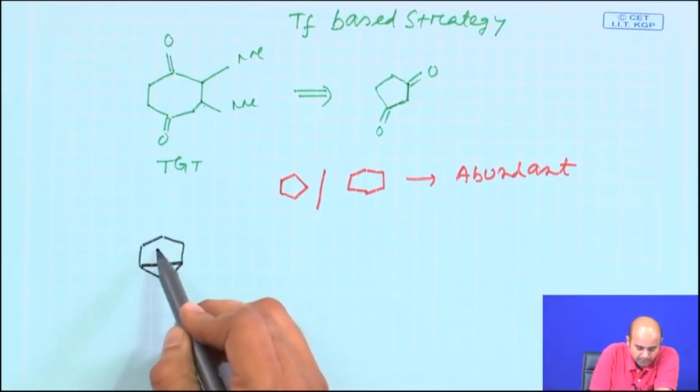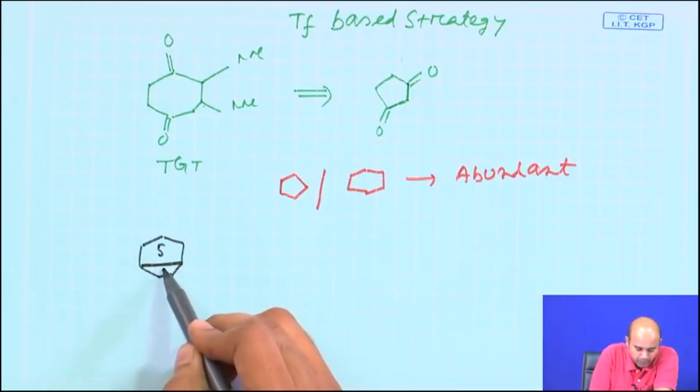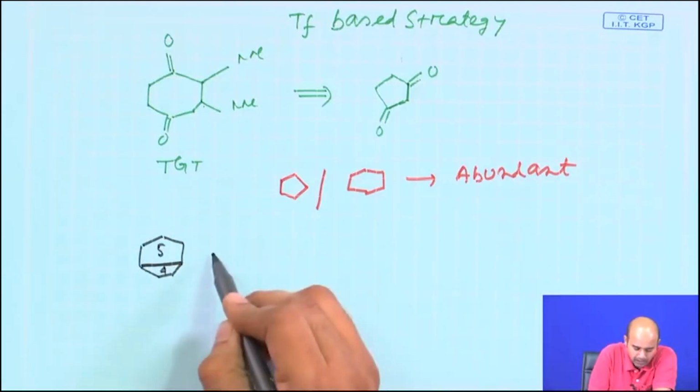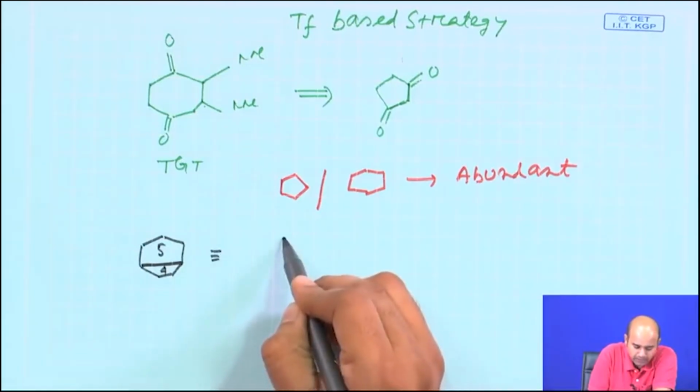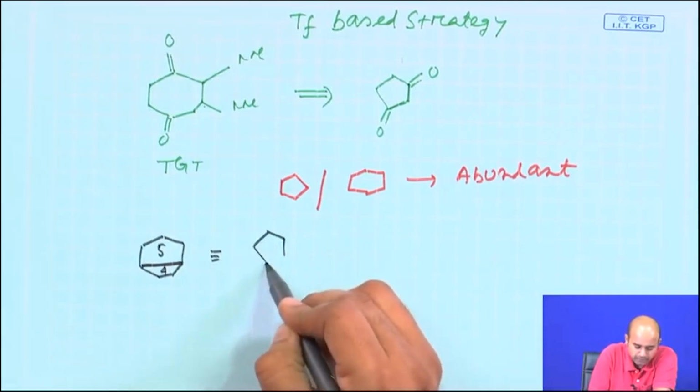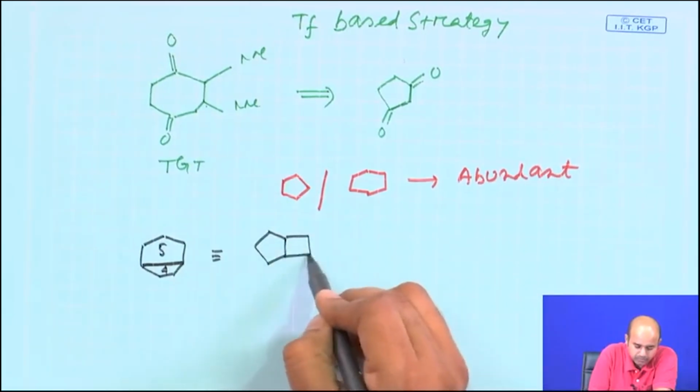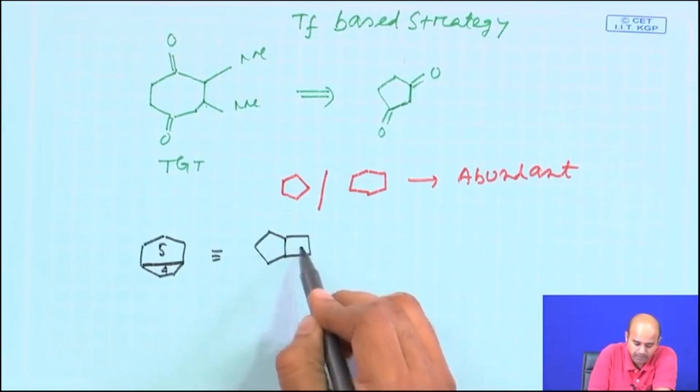Now, this top part is a 5 member ring and the bottom part is a 4 member ring. I will do it in a different way, I will draw it. There is a 5 member ring, there is a 4 member ring.